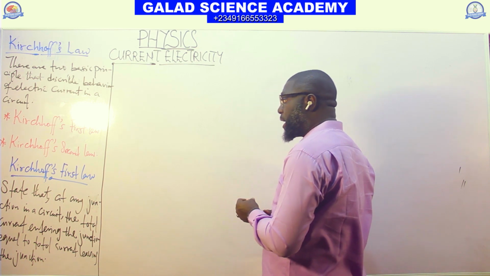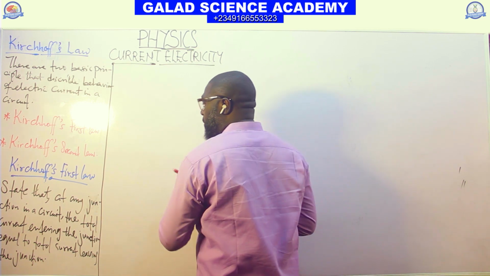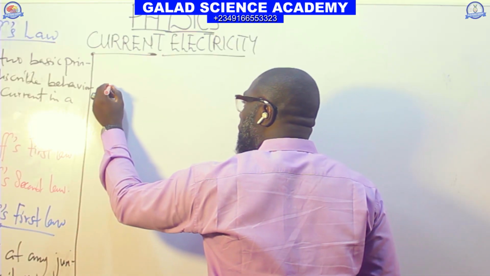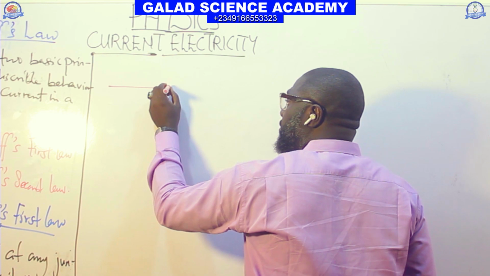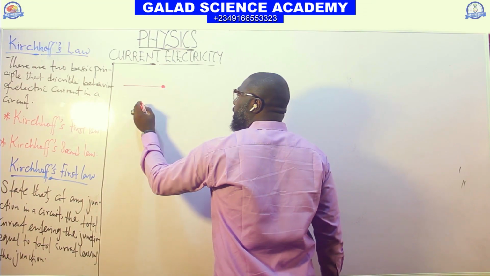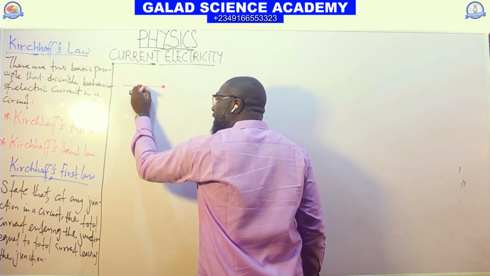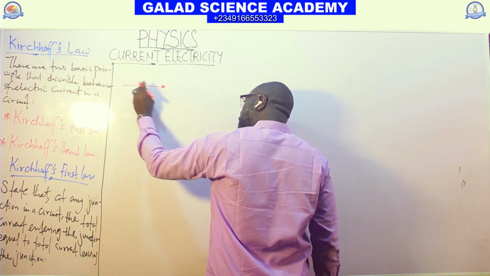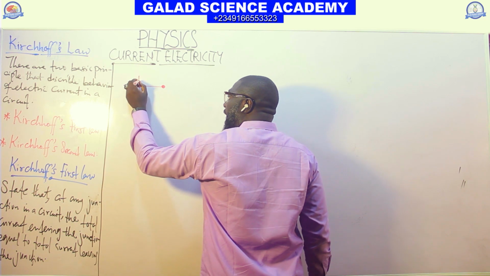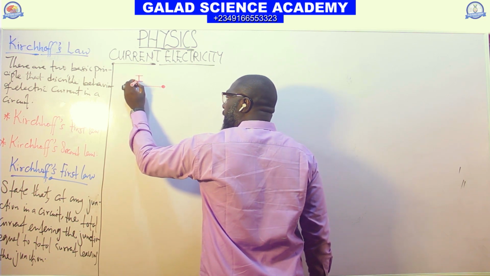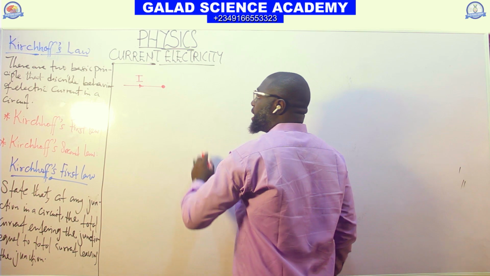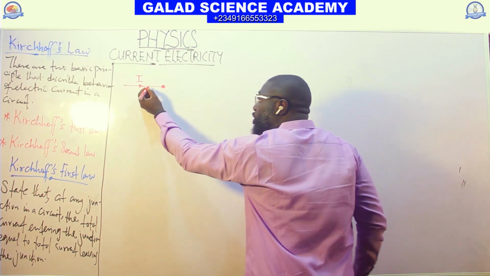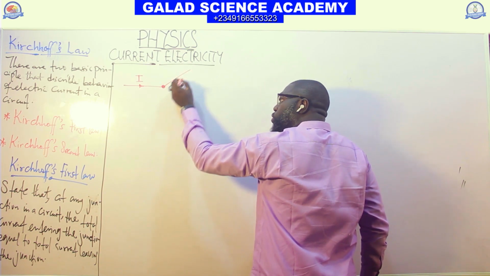Let me explain it in a sketch diagram. Look at it now. This is the direction of the current. If a current is flowing like this, I is the main current flowing along this. This dot is a junction. At this junction, the current splits into two.